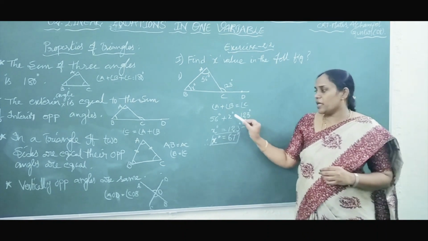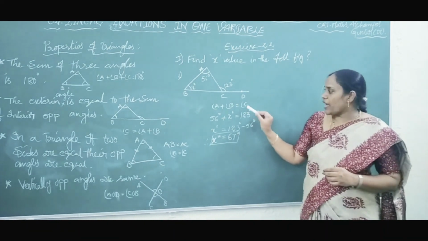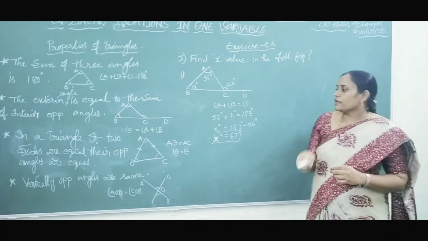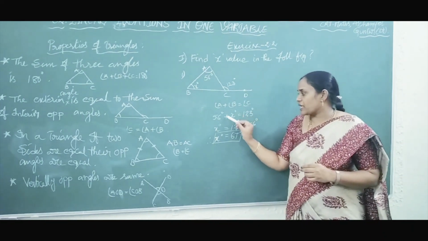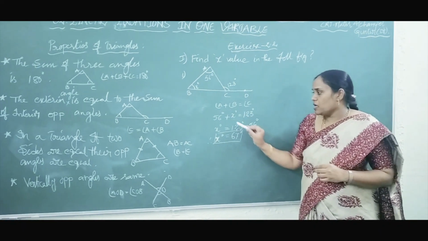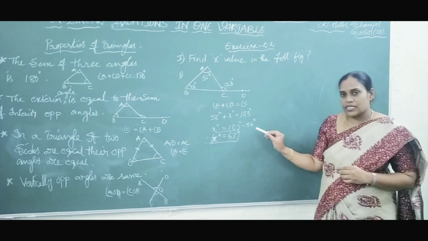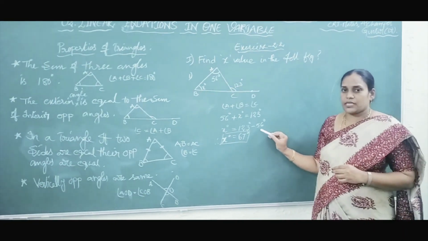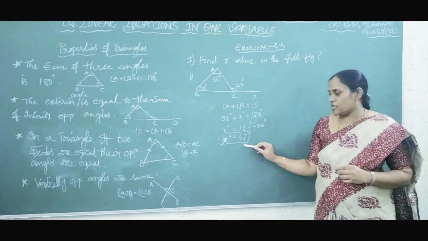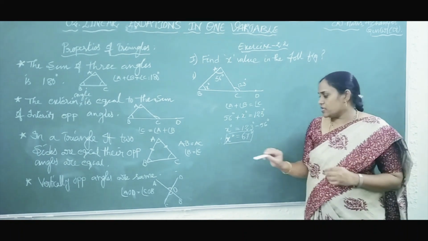Now x is equal to 123 minus 56, so x degrees is equal to 67. This is the answer. Understood clearly? Next is the second one.